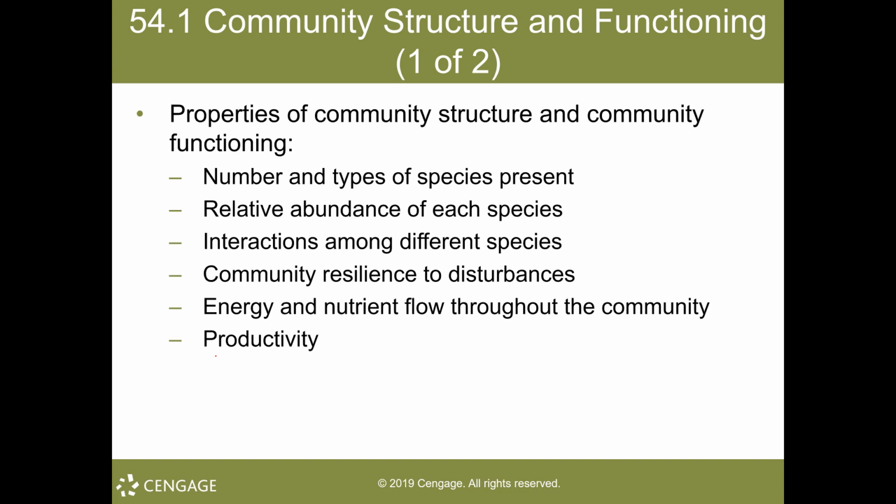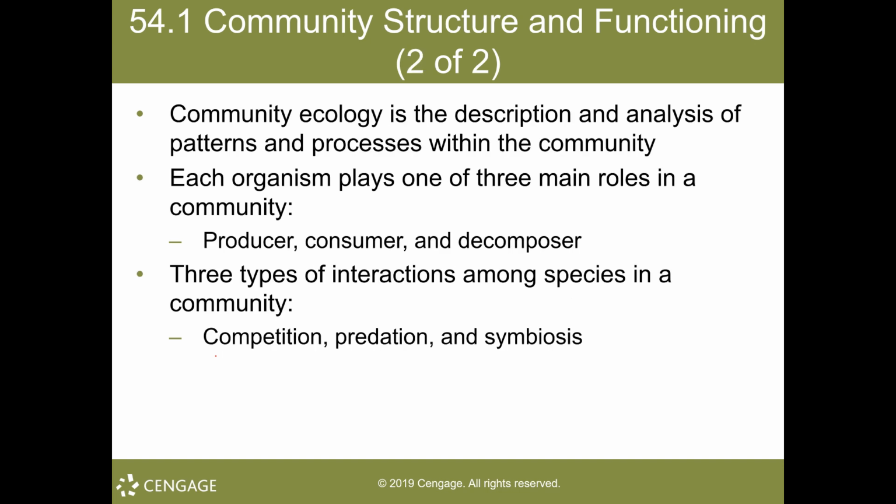Community ecology is describing and analyzing the patterns and processes within a community. Keep this in mind because it includes everything that occurs within it. Common patterns and processes occur in things such as a pond community, a pine forest community, and even a human gut community. This all helps ecologists understand community structure and functioning.